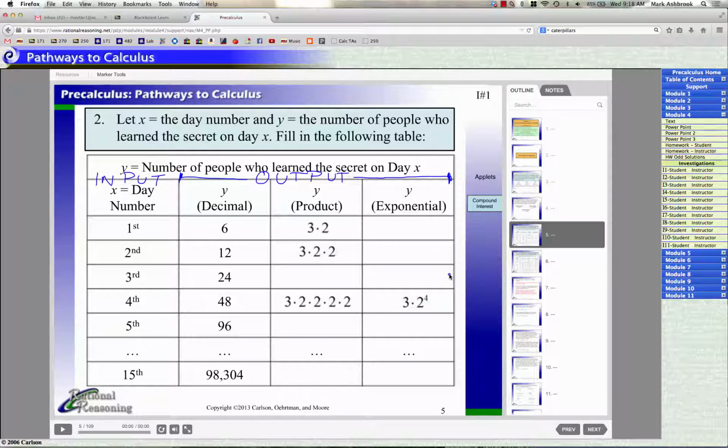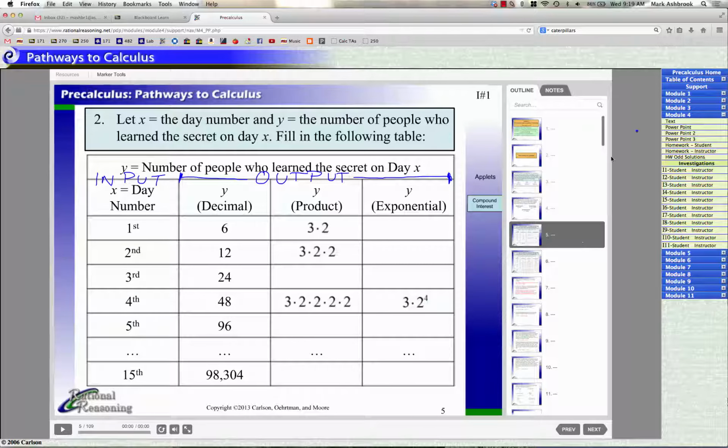So what is this particular secret, the way the secret grows? In general, the number of people that know the secret does what? Doubles, right? It's just doubling. So in terms of input and output, how can we think of doubling?